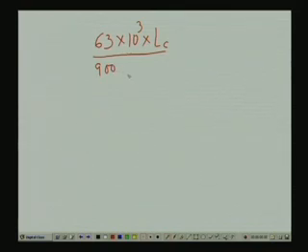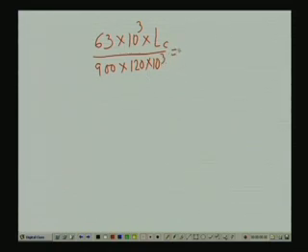if we compute, this comes as 63 into 10 to the power 3 Newton times L copper, which is what we will have to determine, divided by A, which is 900, times 120 gigapascal, that is 120 times 10 to the power 3 megapascal.